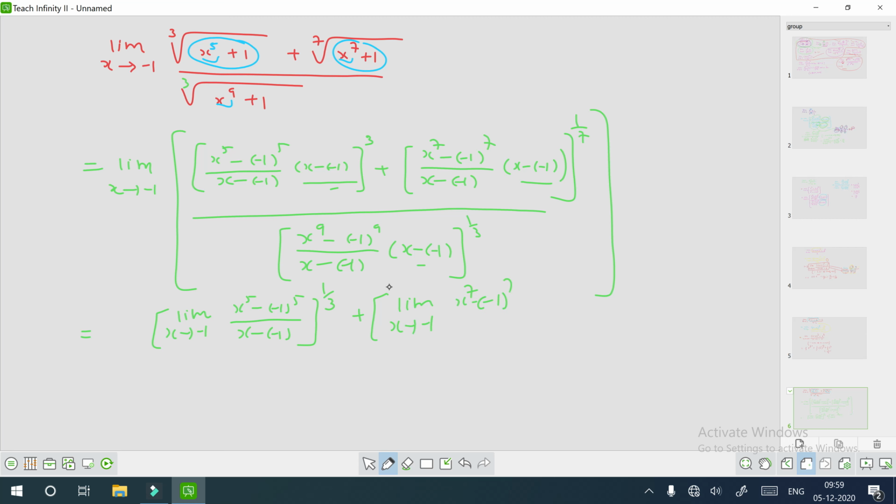Clear? Yes. Now, of course, all are of the standard form.